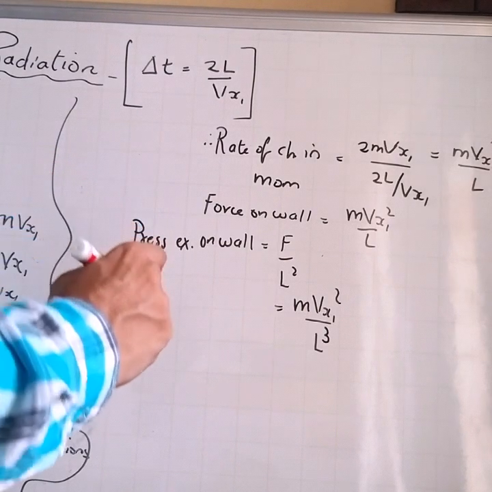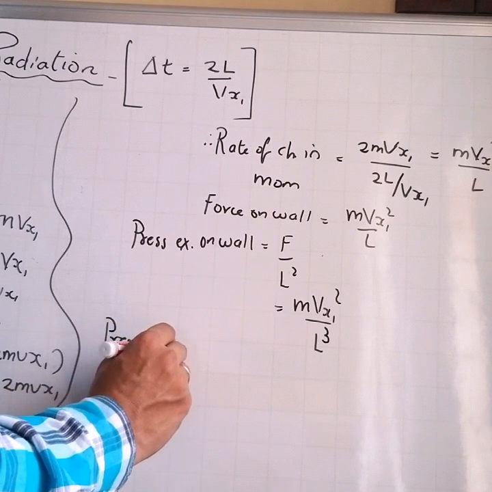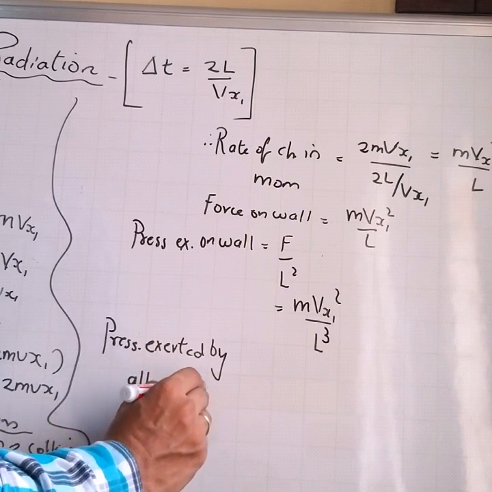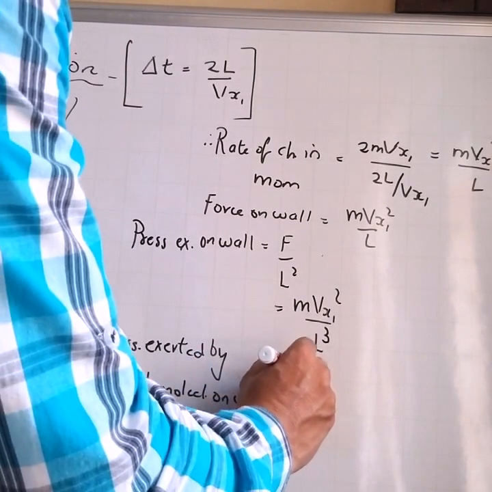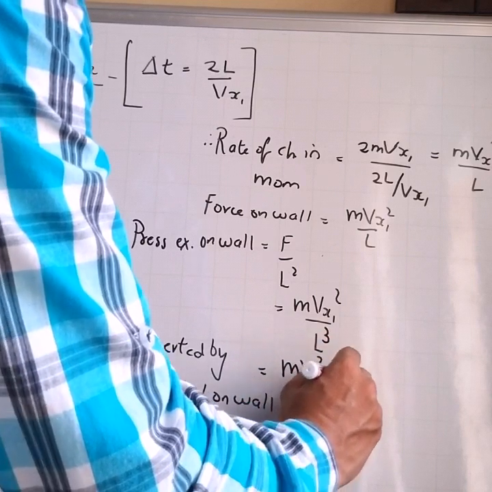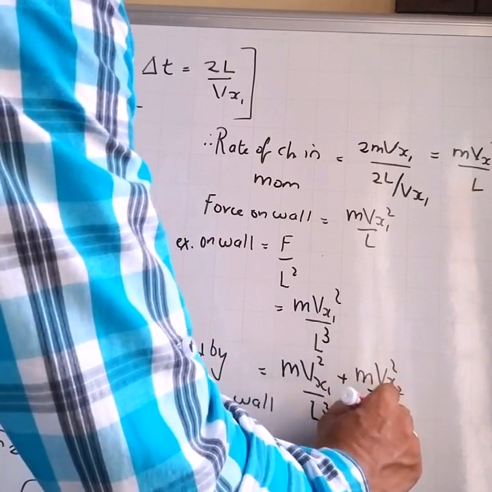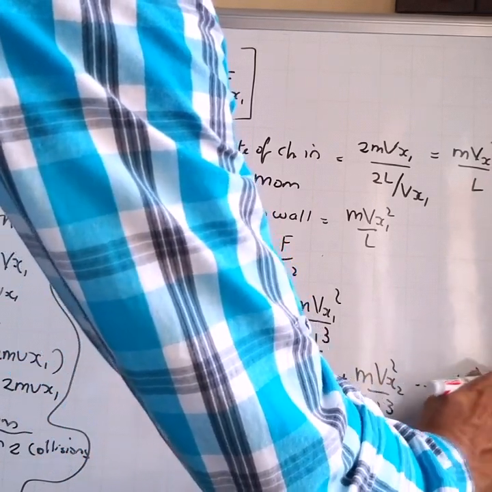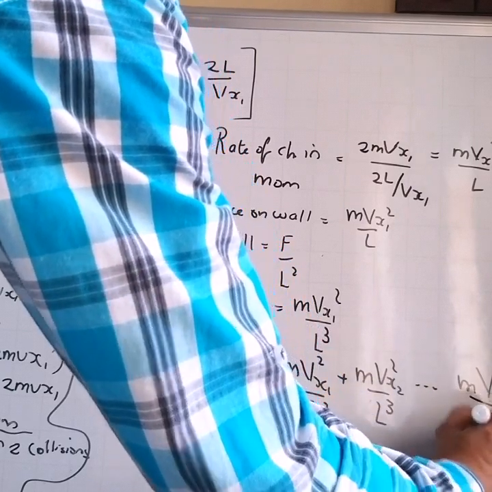Okay. Now, pressure exerted by all molecules on the wall will be written as mvx1 square by L cube plus mvx2 square upon L cube, up to mvxn square upon L cube.